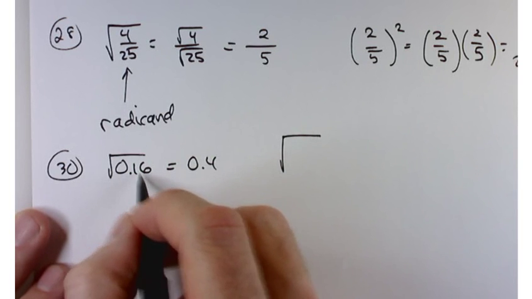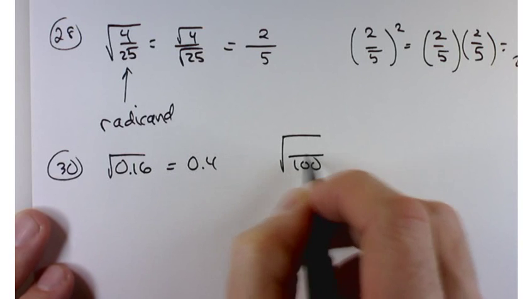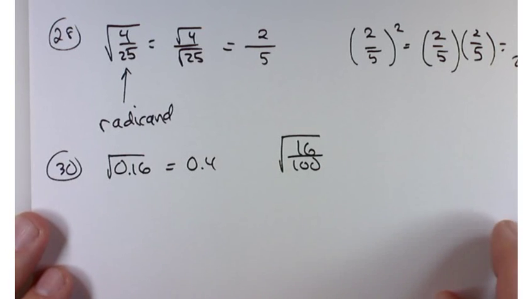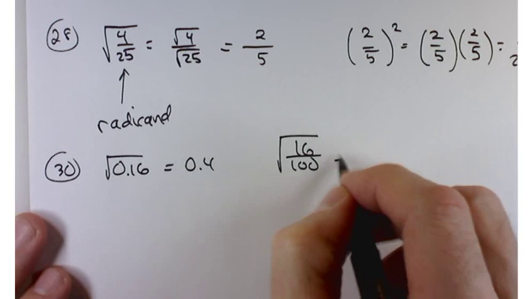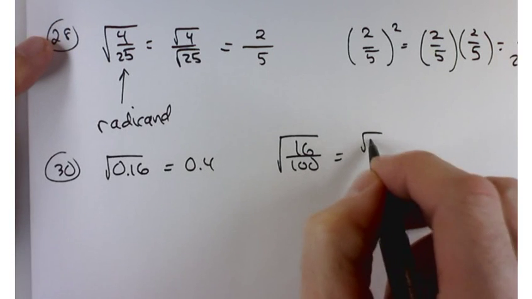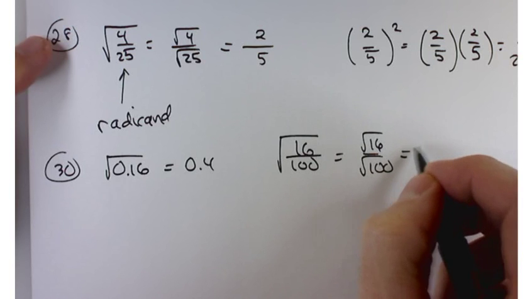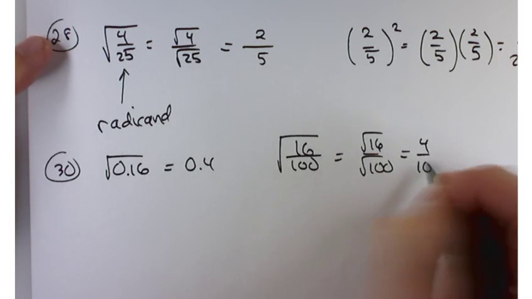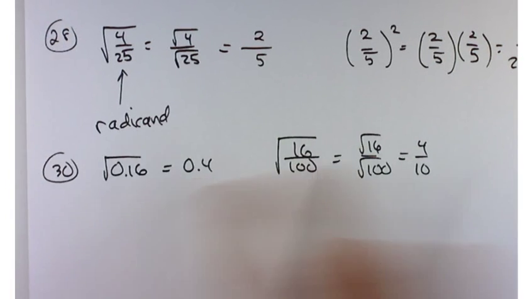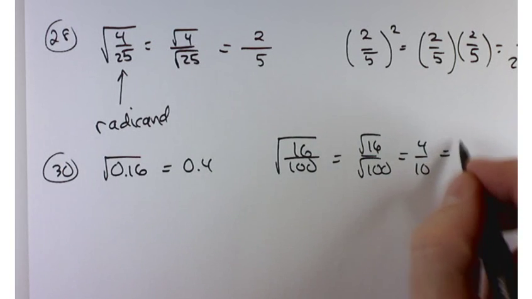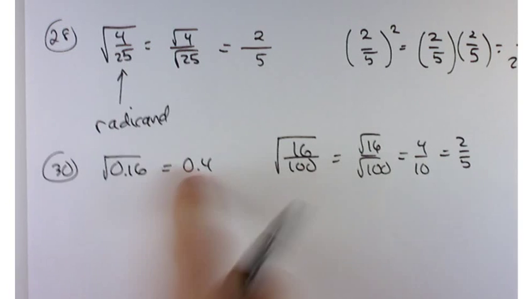There's 2 decimal places, so I'll divide by 100, and that's 16 over 100. And like problem 28, I can separate that into two pieces. Square root of 16 over square root of 100, or 4/10, 0.4. If you're going to write it like this, I'd probably prefer it in lowest terms, 2/5, but it's still 0.4.